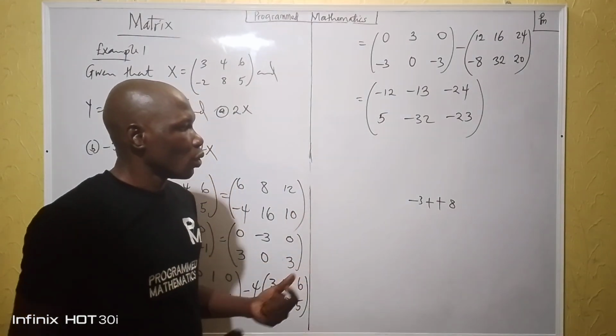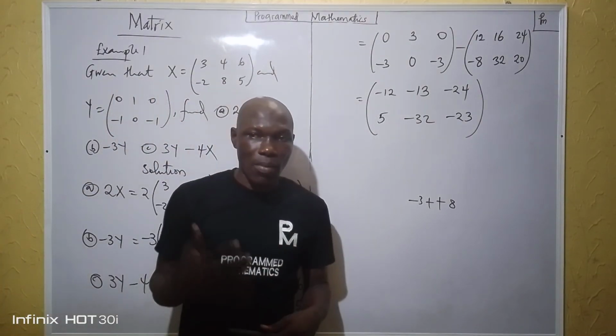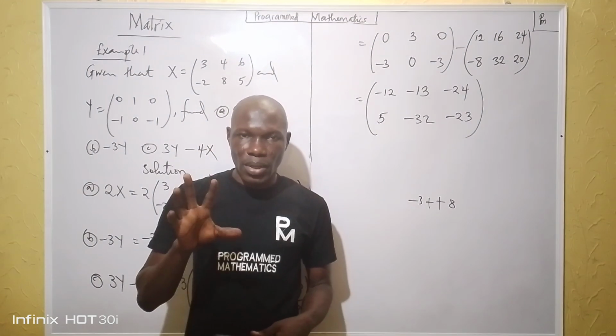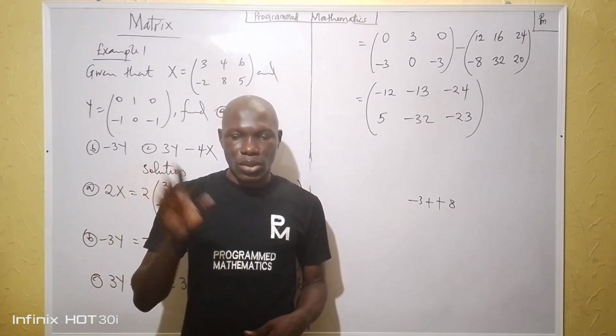So when we talk about scalar multiplication of a matrix, it simply means using a number to multiply the elements of the matrix.